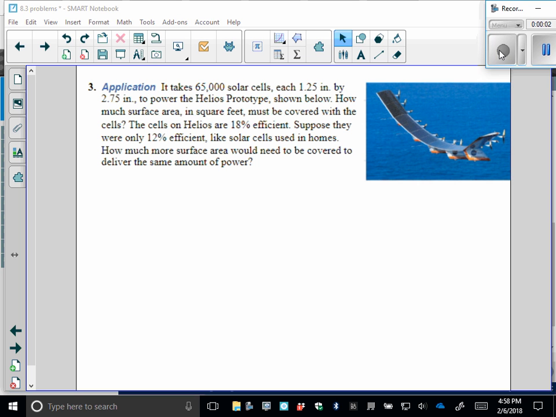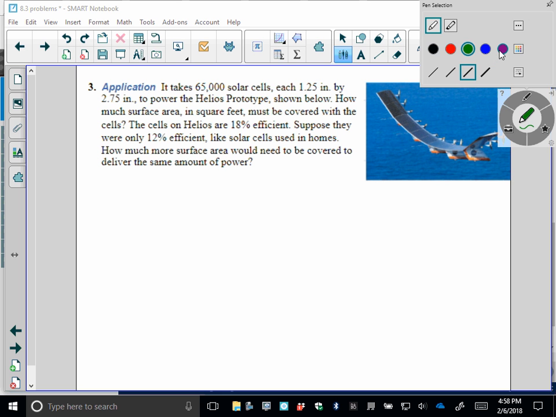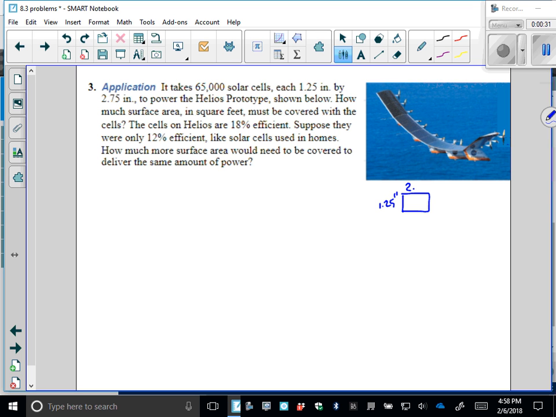Okay, so this next problem, the problem with the 65,000 solar cells, each 1.25 inches by 2.75 inches, so little rectangular cells, that would be 1.25 inches by 2.75 inches.